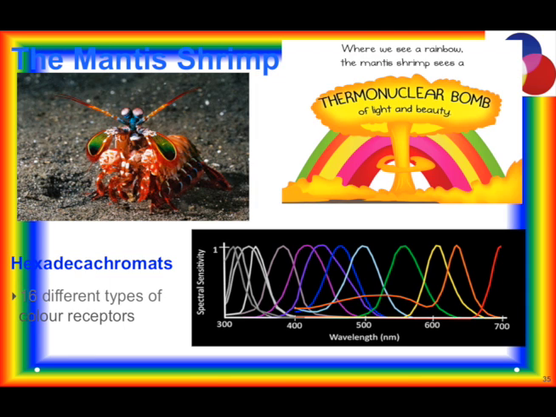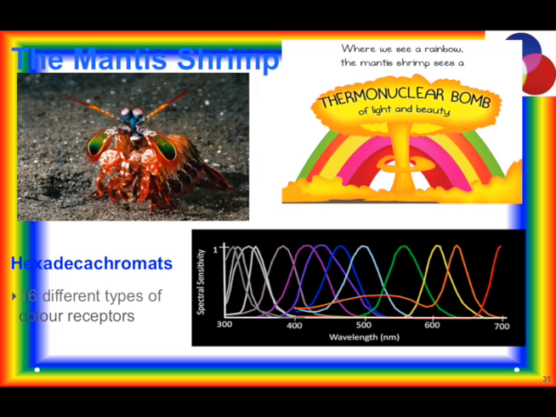Okay, if you have not heard the Radiolab episode on color, it's excellent, and it talks about this. We are not hexadecachromats, but the mantis shrimp is. It has 16 different types of color receptors where we only have 3, which means where we see a rainbow, the mantis shrimp would see a thermonuclear bomb of light and beauty.